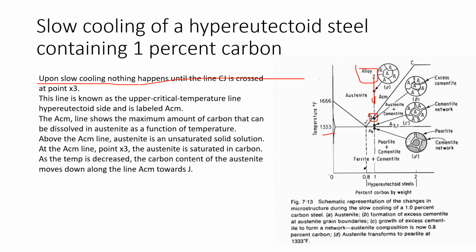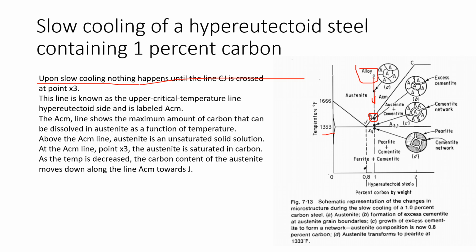Above the line ACM, at point x3, the austenite is saturated in carbon. As the temperature is decreased, the carbon content of austenite moves down along the line ACM towards the point J.